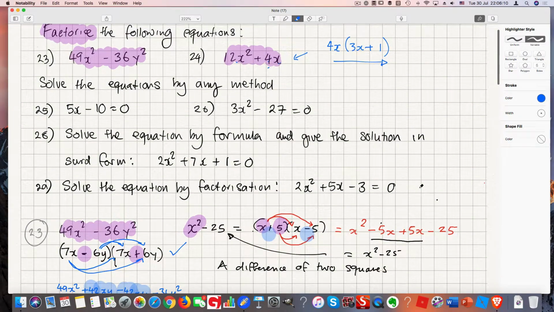Solve the equation by formula and give the solution in set form. And I'm going to show you what set form is all about. So first of all, we want to solve this by formula. And by formula, what do we mean?